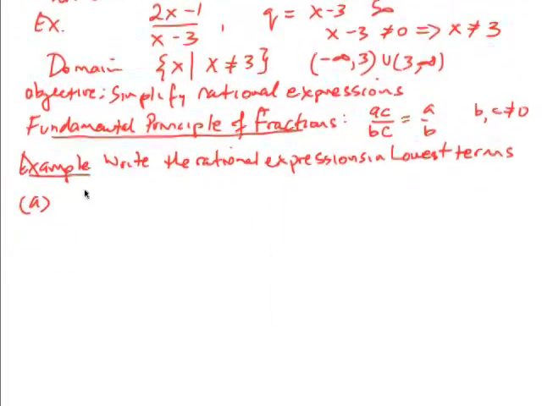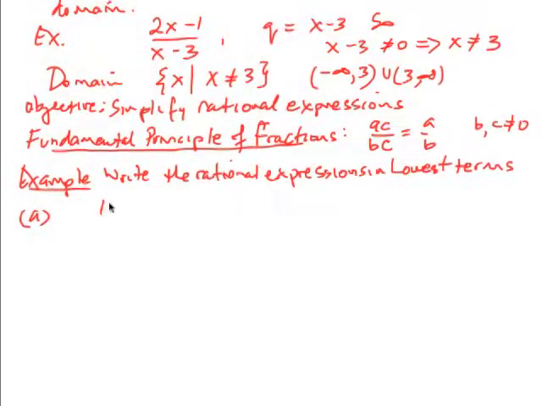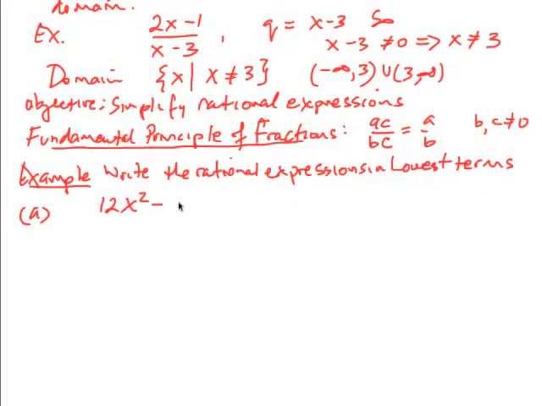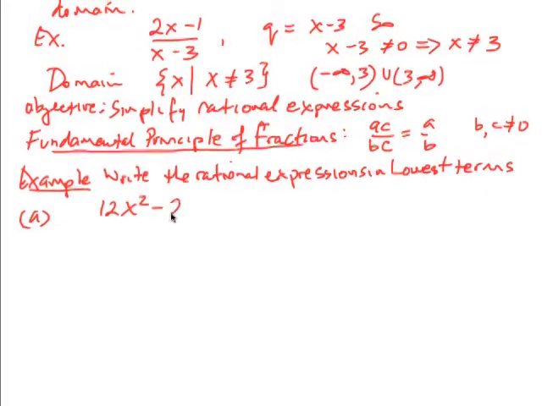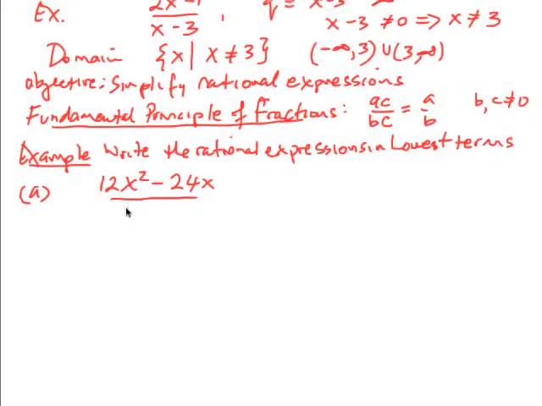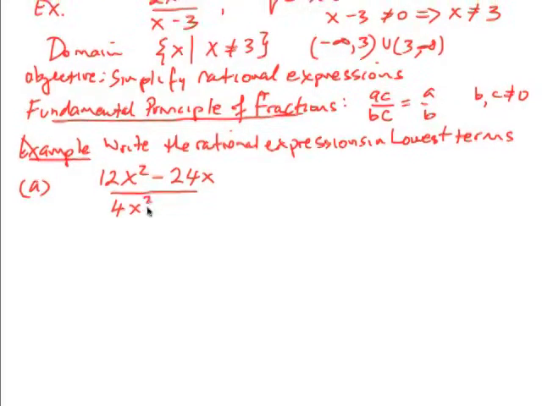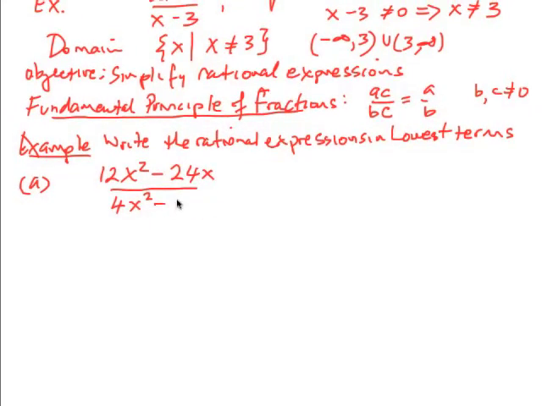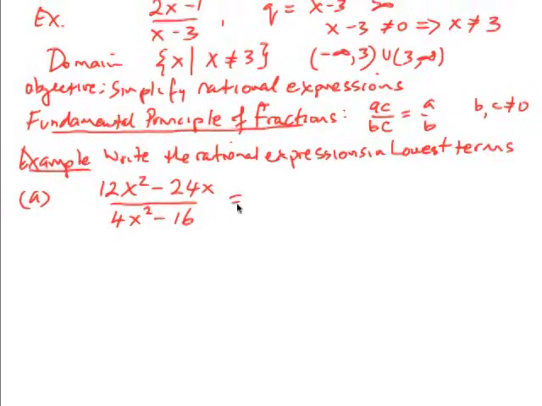Alright, so let's do part A. Let's suppose we have 12x squared minus 24x over 4x squared minus 16, say.